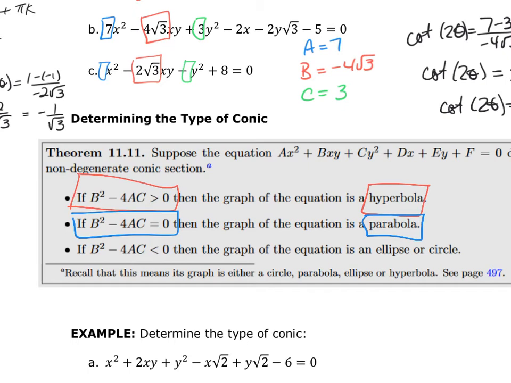If you have b squared minus 4ac is less than 0, then either it's an ellipse or it's a circle. So make sure you write those down on your notes. Those are your 3 choices. Either it's greater than 0, it's a hyperbola, it's equal to 0, it's a parabola, it's less than 0, it's a circle or an ellipse.